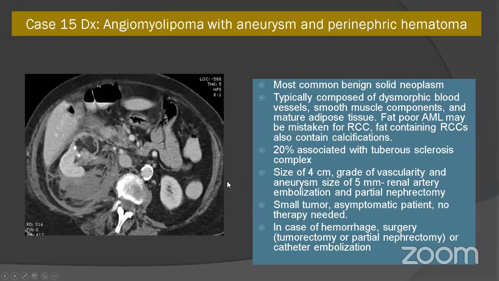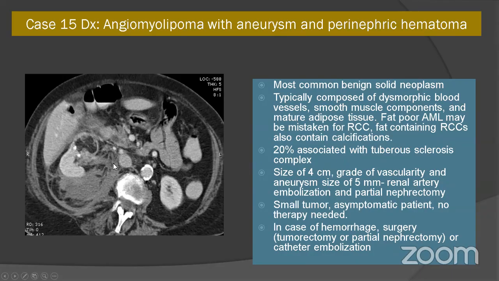So it's the most common benign solid renal neoplasm, and because the blood vessels are dysmorphic, they may develop pseudoaneurysms. And please note that these lesions may be devoid of fat or may contain very small amounts of fat, and in those cases can be mistaken for renal cell cancer. But fat-containing renal cell cancers also contain calcification. So if you see calcification, then you can lean more towards a renal cell cancer.